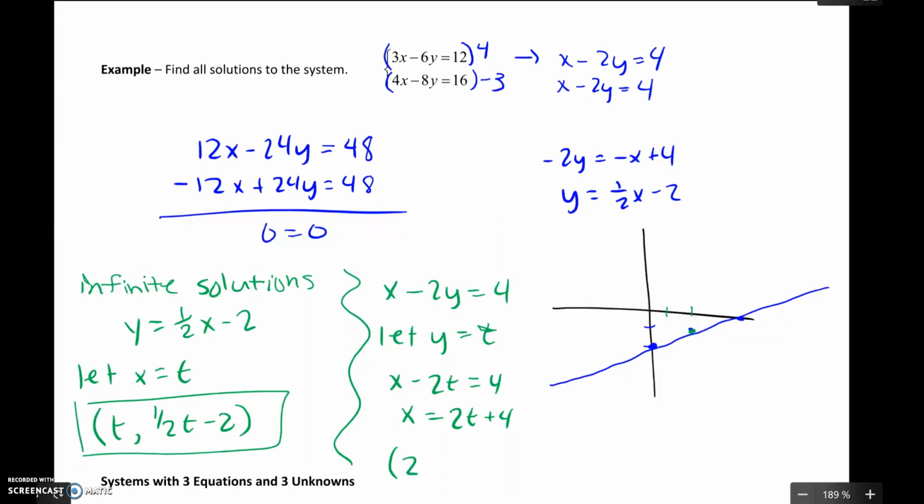So I could have said 2t plus 4, comma t, and that's correct also. Either one of those is a correct relationship for this answer. And now I can plug in anything for my t, because my range is also -infinity to infinity, and get every point along the line. So whenever you have infinite solutions, you have this extra step that you have to do now. Okay.